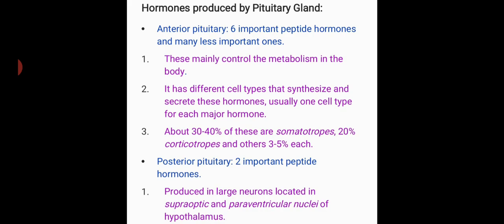It has different cell types that synthesize and secrete these hormones, usually one cell type for each major hormone. Posterior pituitary secretes 2 important peptide hormones which are produced in large neurons located in hypothalamus. These neurons are located in supraoptic and paraventricular nuclei of hypothalamus.